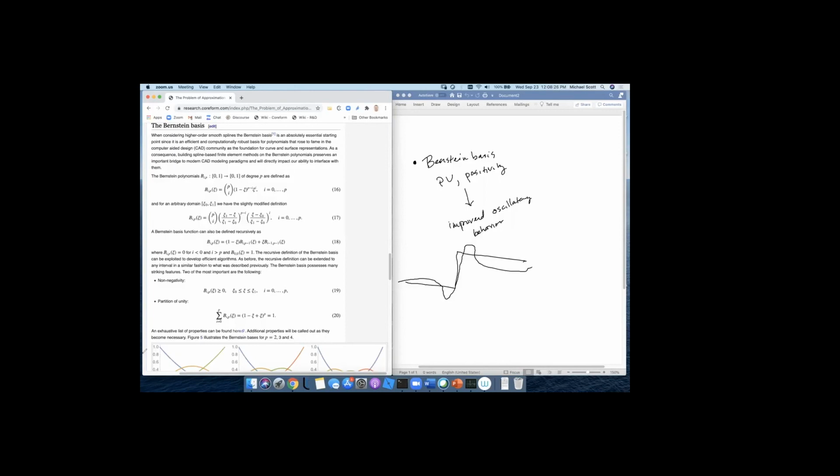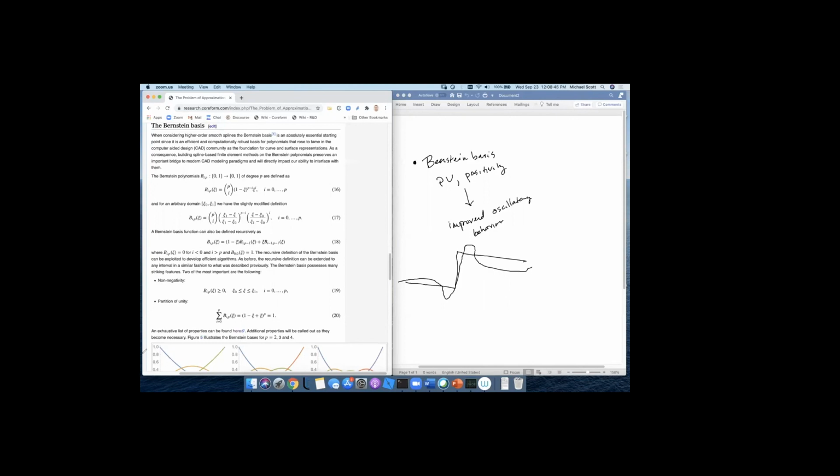But I actually tried to find something that stated this conclusively, and I couldn't find anything. I still think every polynomial basis suffers from some of these undershoots and overshoots, period. No matter what, it's just how bad it is.